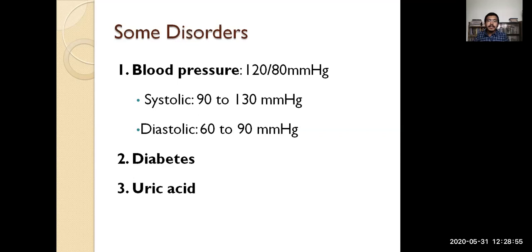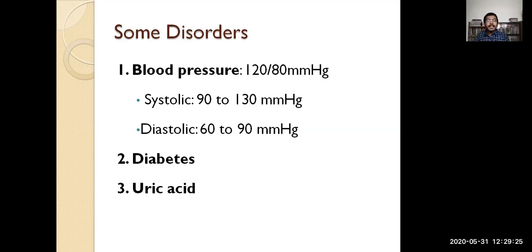This type of pressure is called systolic pressure, and the value of this systolic pressure is about 90 to 130 millimeters of mercury. And once the aorta or arteries are relaxed, then due to this elastic property, the arteries tend to return to their normal state.